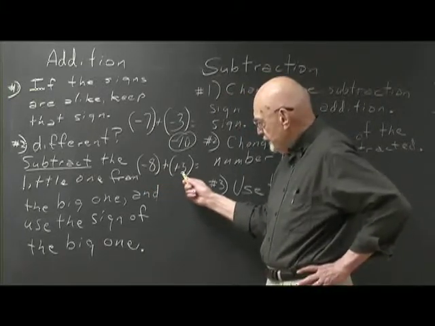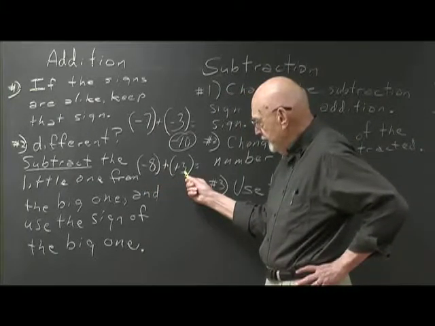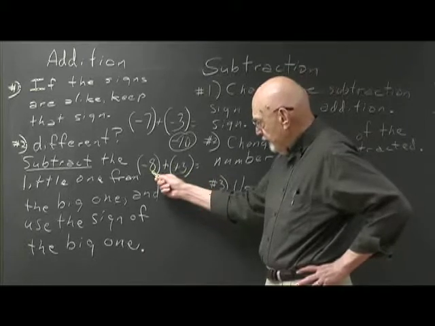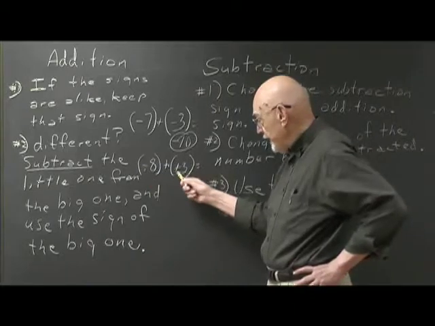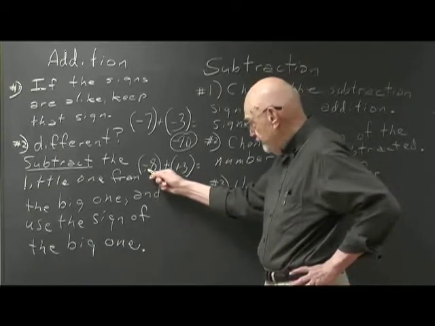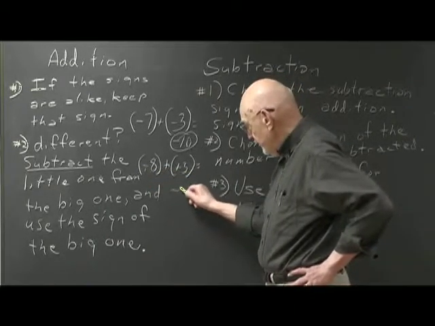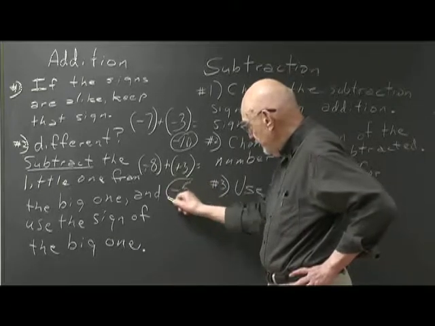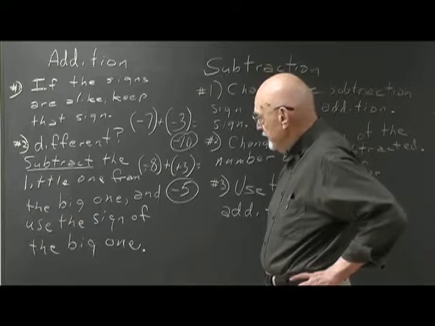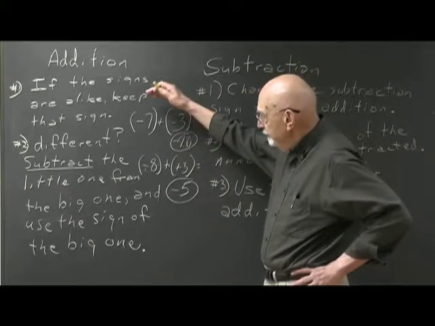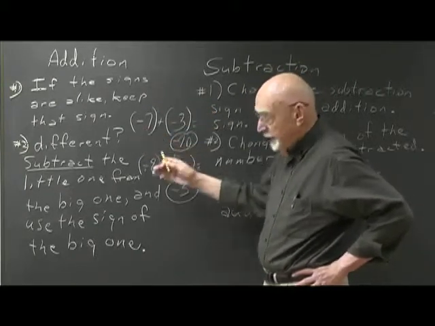The rule says subtract the little one, the little number, from the big number and use the sign of the big number. 8 minus 3 is 5. The sign of the big one was negative. Therefore, we have -5.